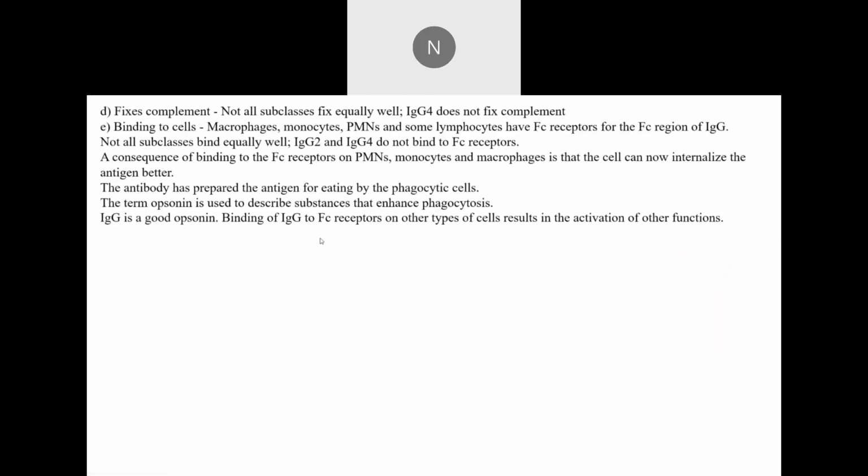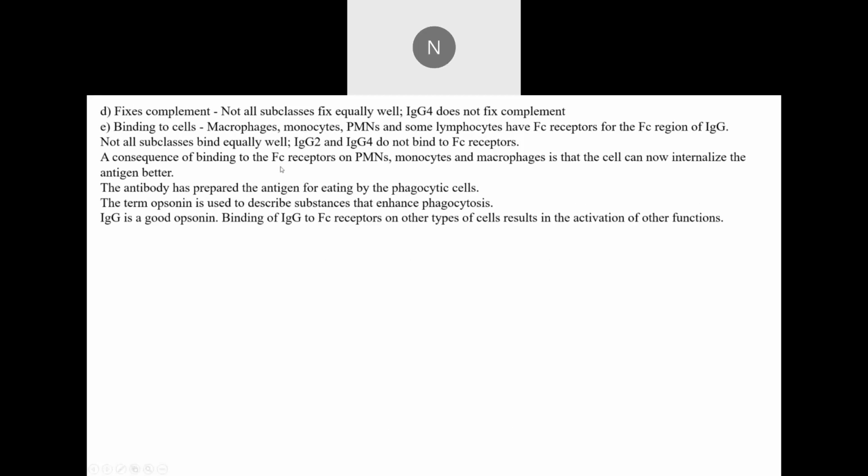And what is the function of it? It fixes the complement, and not all subclasses can fix. And it binds to cells like macrophages, monocytes, polymorphonuclears, and lymphocytes, which have an Fc receptor for the Fc region of IgG. And again, not all of them will be doing this function.